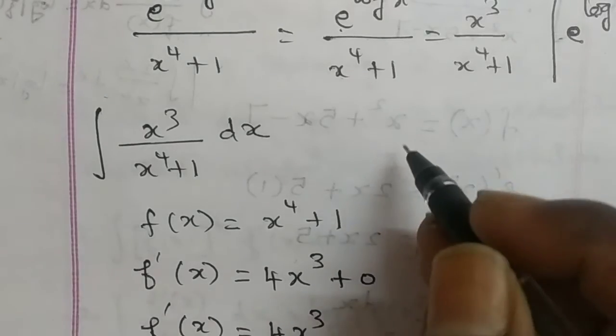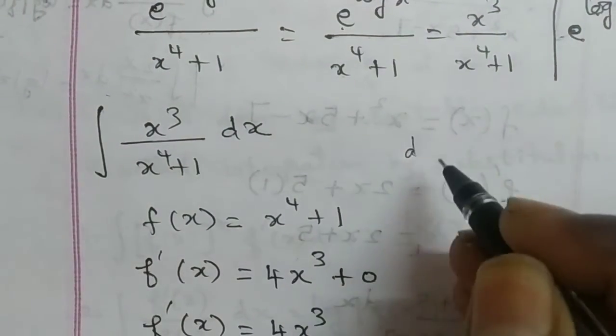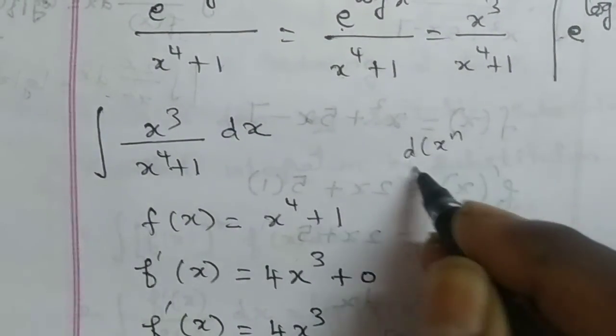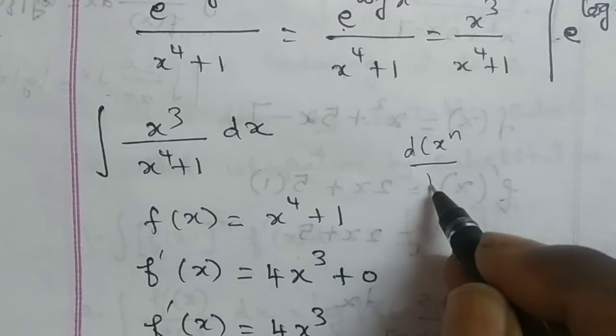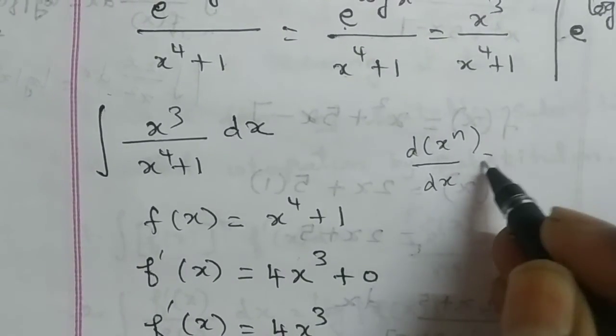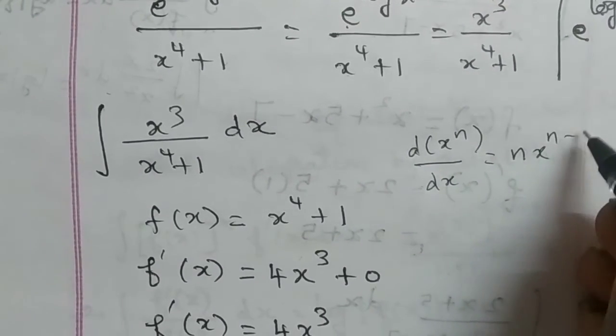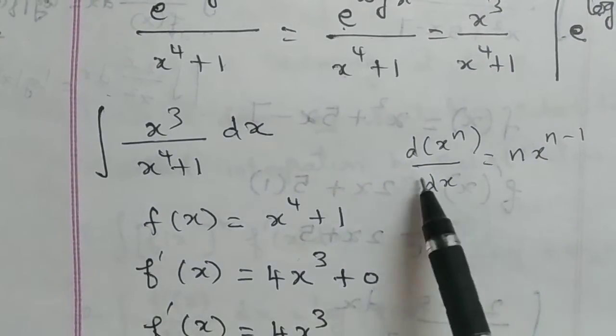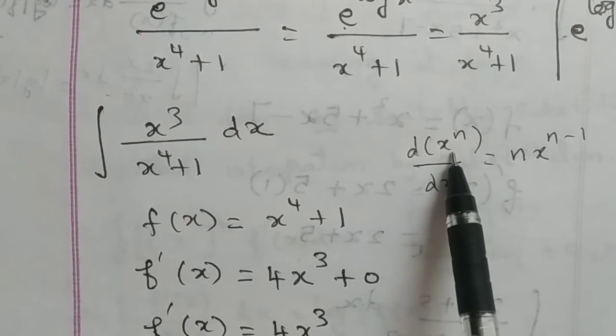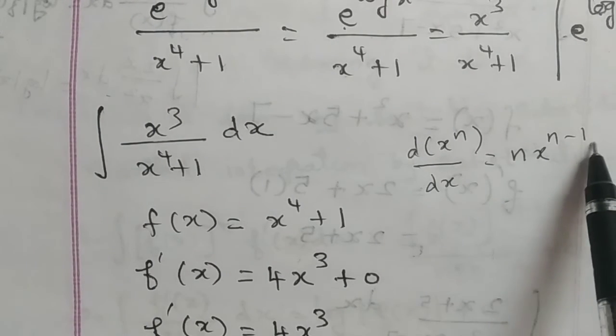What formula are we using? The differentiation formula: d of x to the power n divided by dx equals n into x power n minus 1.